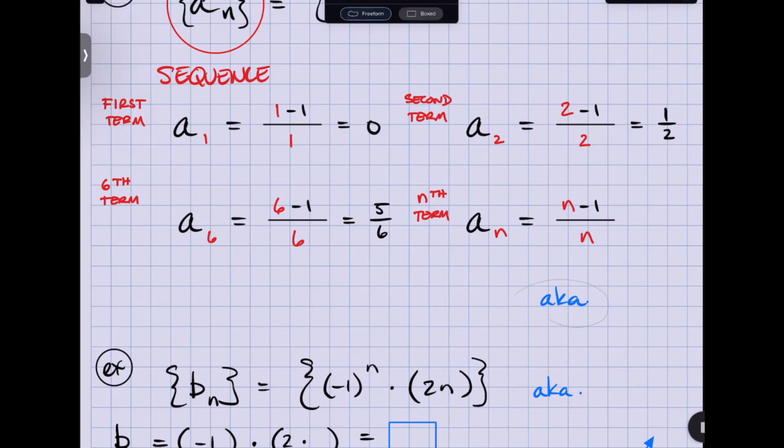This right here, guys, is known as your general term, meaning the general term is already given to you. Not too shabby?